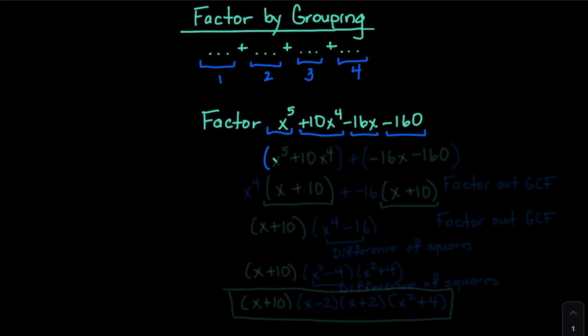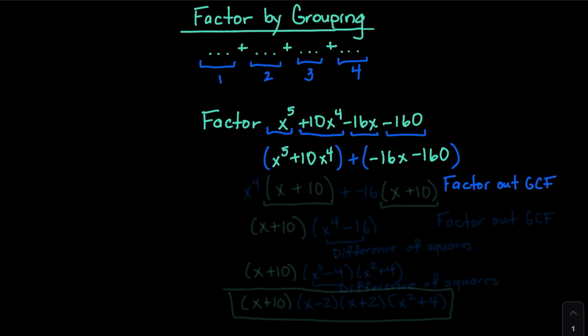Group together my first 2, and the last 2. Okay, so this is our step where we factor out the GCF from each grouping.